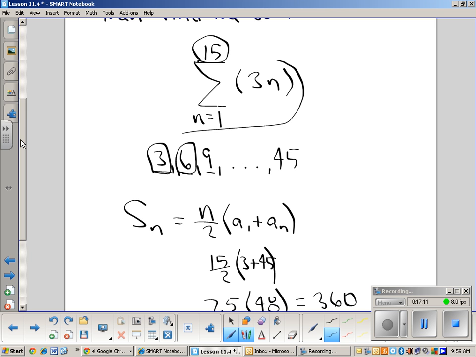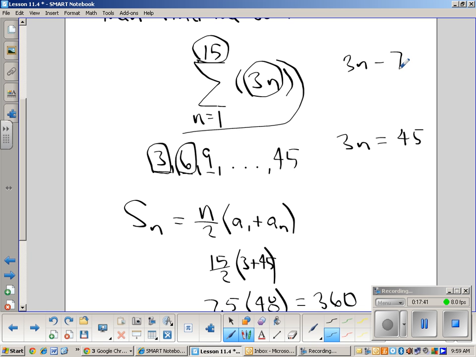No. That worked because what you were really saying is 3n, my formula, has to equal 45. And so n would have to be 15 for 3n to equal 45. Well, if my explicit formula was 3n minus 7 equals 45, then n's no longer 15, it's something else.